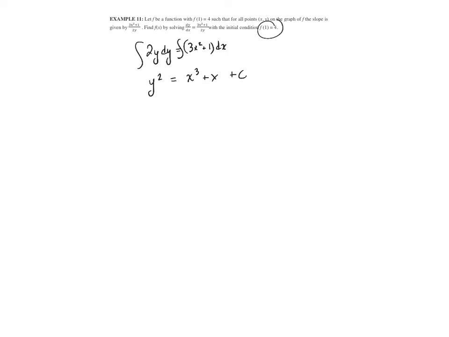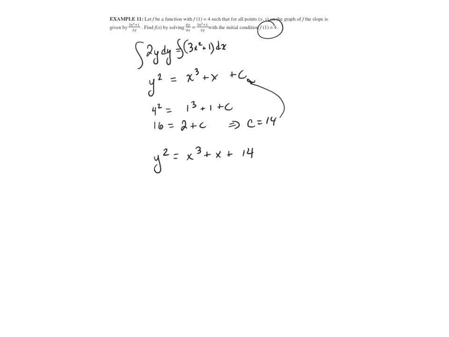And at this point we use the condition that when y is 4, that would be 4 squared, we need to get 1 cubed plus 1 plus c. So it looks like 16 equals 2 plus c, so our constant is 14.